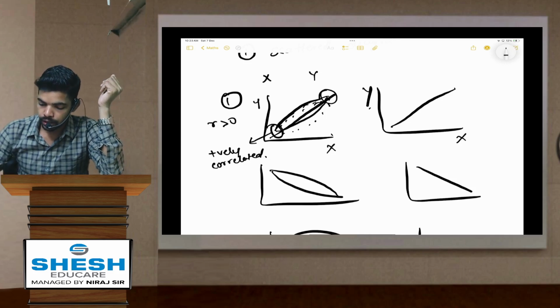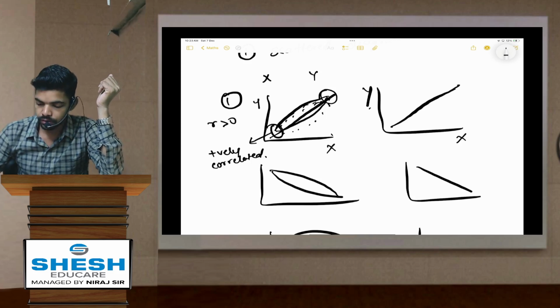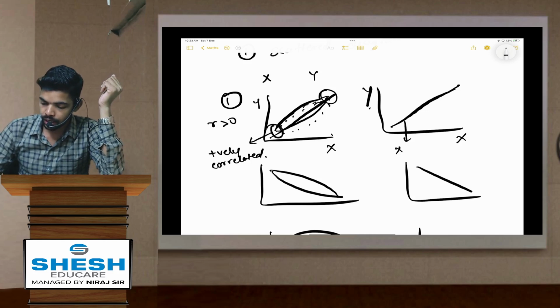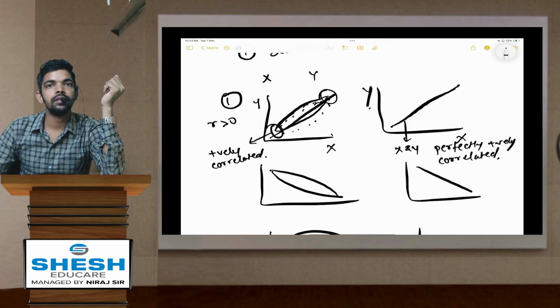If it is a straight line, we say x and y are perfectly positively correlated.